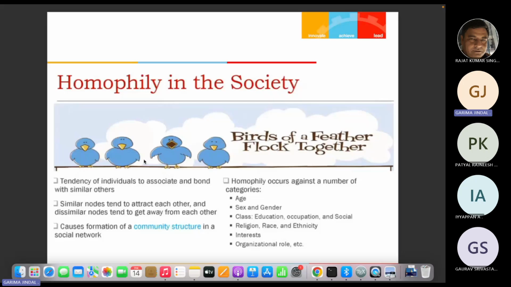He concluded that these relationships are not just random. They are because of this property called homophily: people who are similar tend to connect with each other.